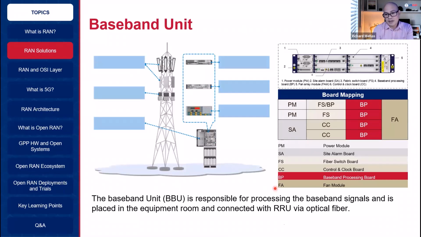So the equipment that is handling this is the baseband unit. It is responsible for processing the baseband signals and is placed in the equipment room and connected with the RRU via optical fiber.